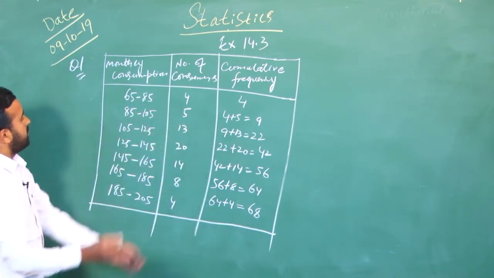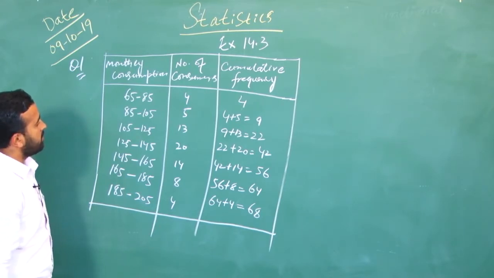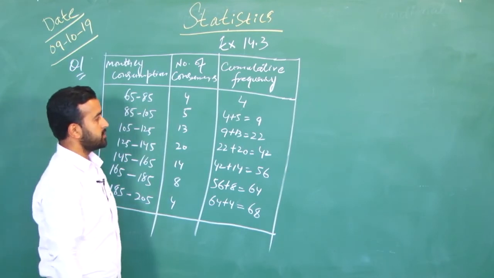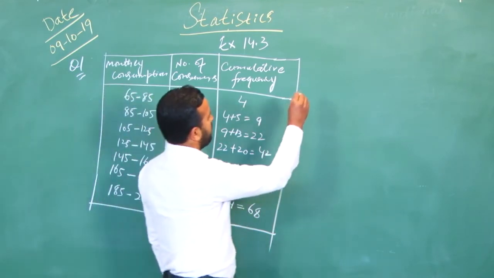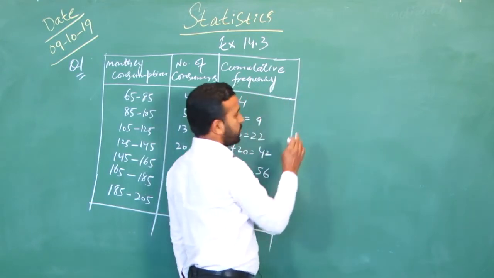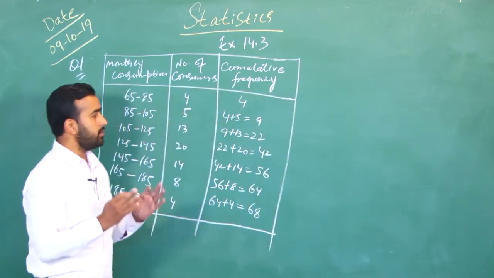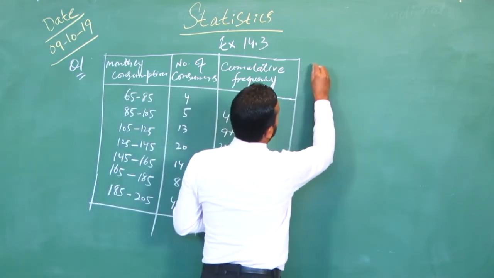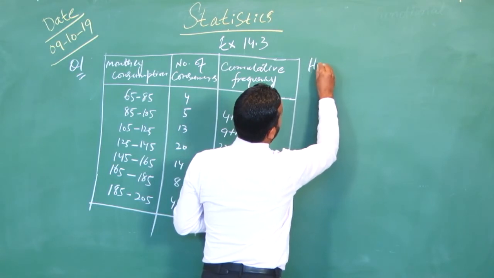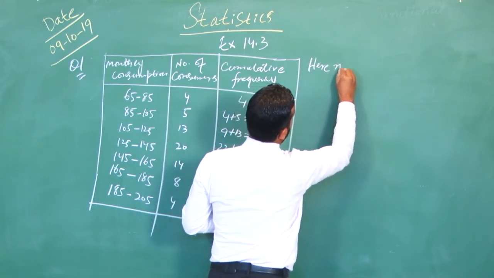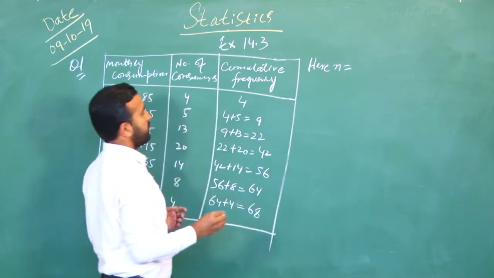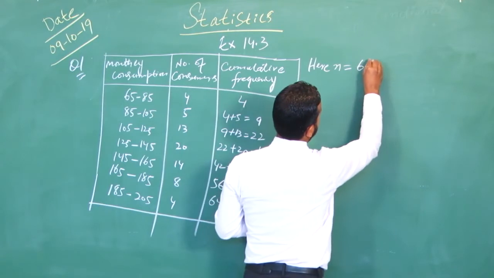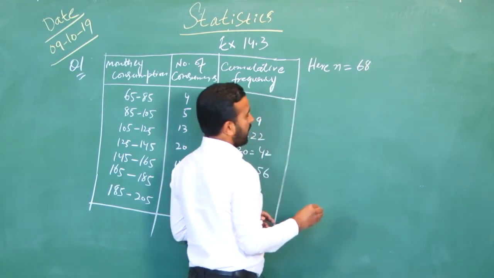Now, as we discussed earlier, we know the formula to calculate the median of the given frequency distribution. First of all, we have to identify the median class. How do we identify it? Here n is equal to the total number of consumers, which is 68.